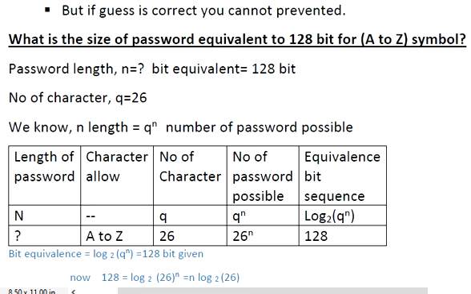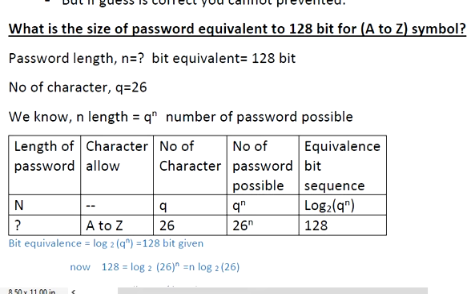In the previous lecture I gave an example where a 16-bit sequence was broken by brute force attack in about 0.0 seconds.